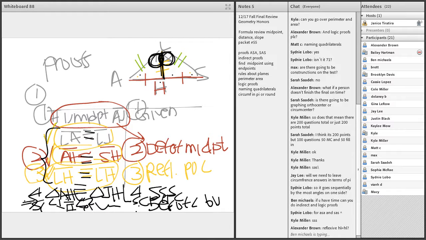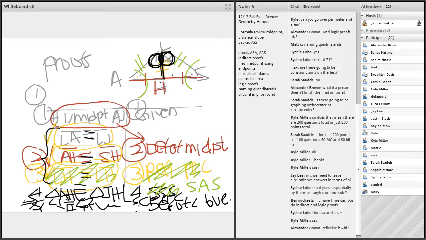So this could be done differently. I could change step 3, okay? I don't have to do LH equals LH. I could have done angle A and angle S, and that'll change this to be SAS.